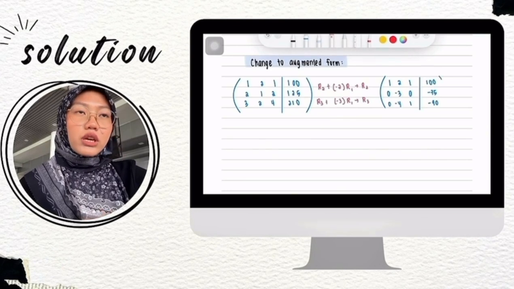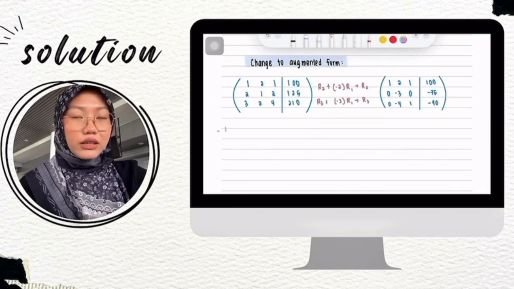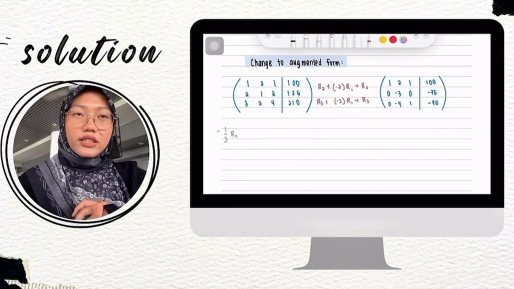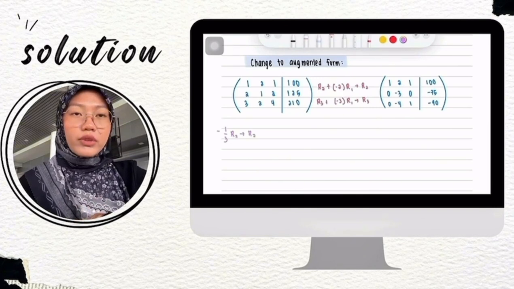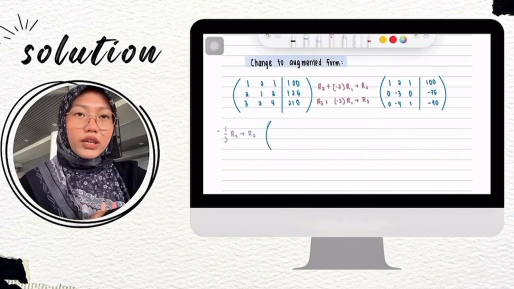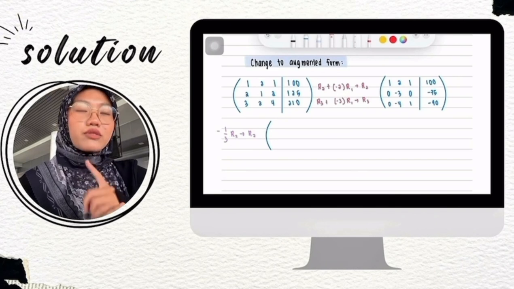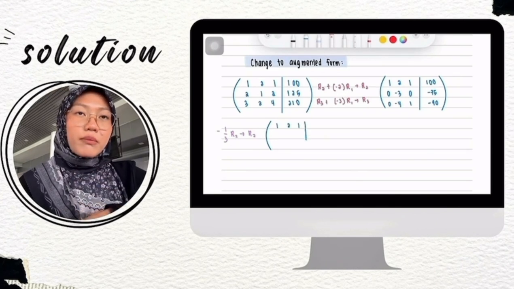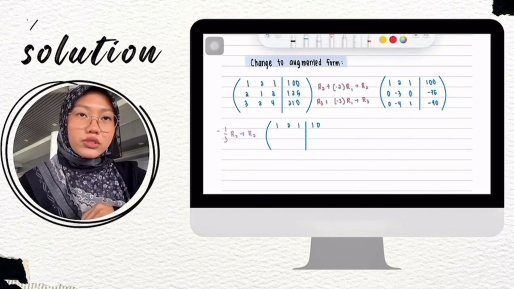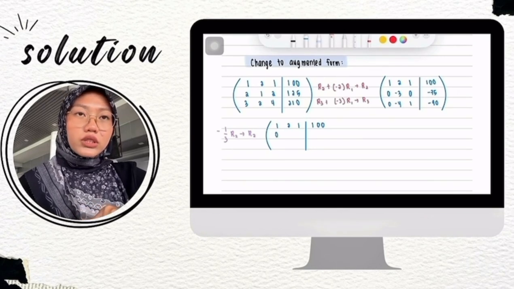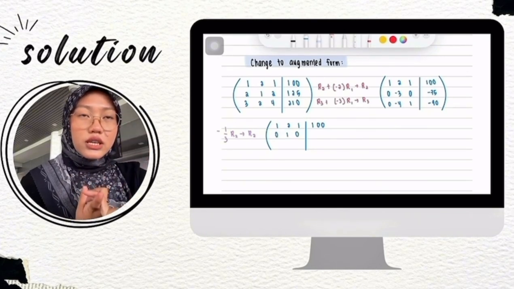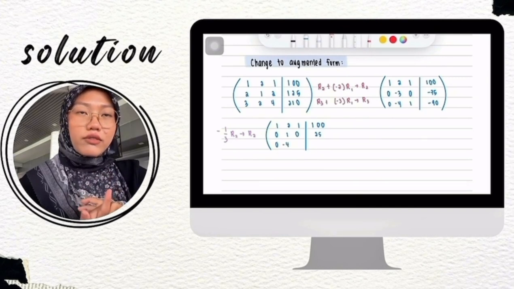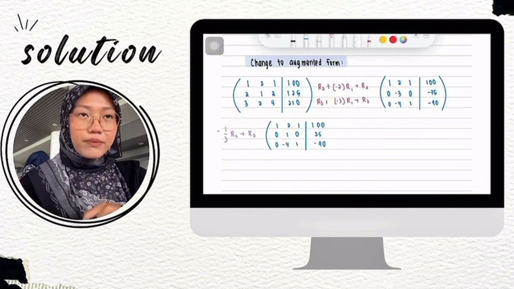In the third row we get 0, negative 4, 1, and negative 90. Then here we can see that for the second row, there's a negative 3 that we will make into a leading 1. So we multiply R2 by negative 1 over 3, and we will get the first row as it is. And the second row we will get 0, 1, 0, and 25. And the third row same as it is.